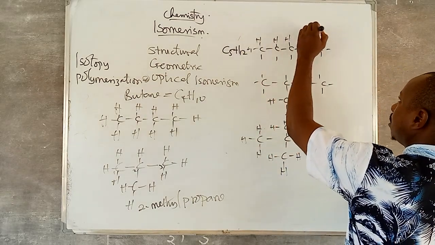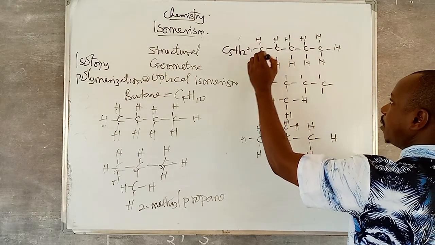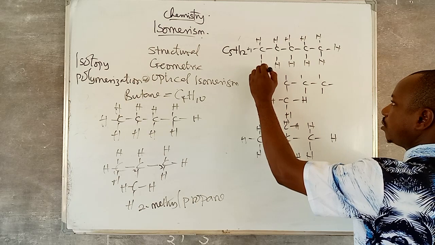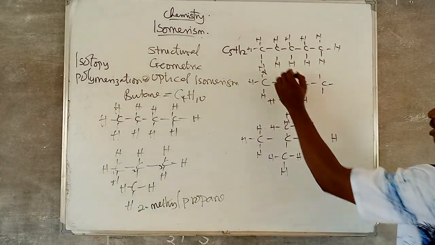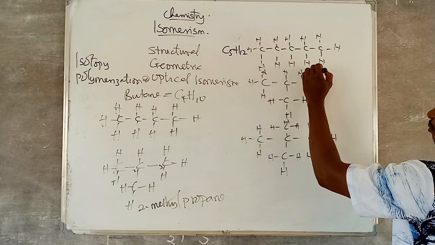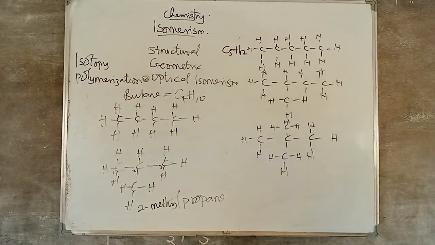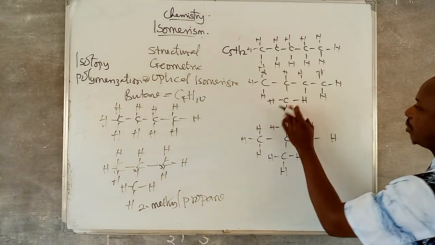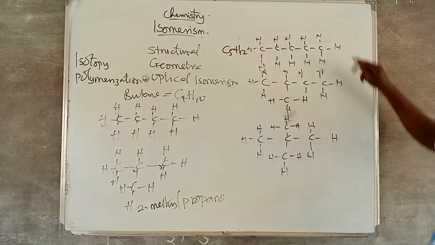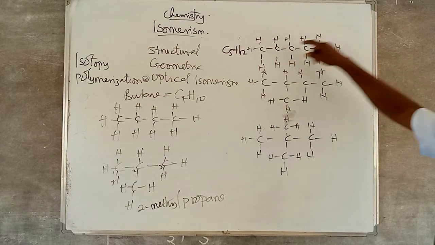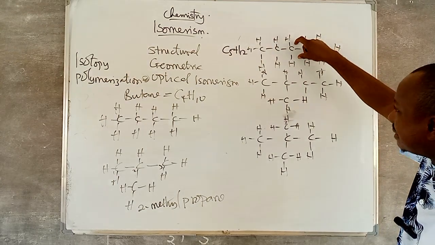Let me do it. Fill others with hydrogen. So if you watch this very carefully now, this one is placed so that this one will have its own space. This is normal pentane, C5H12, normal pentane.